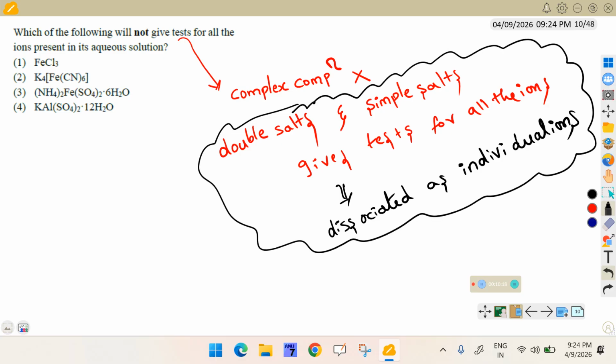That's the reason double salts give. Complex compounds do not give. K4[Fe(CN)6] is a complex compound. That's the reason it does not give.